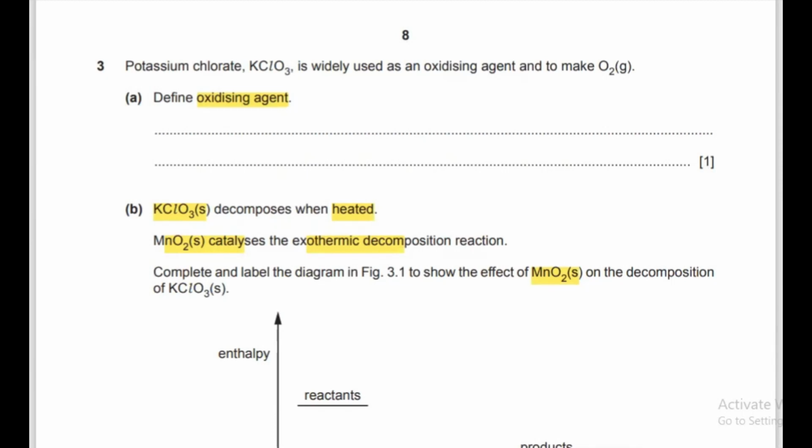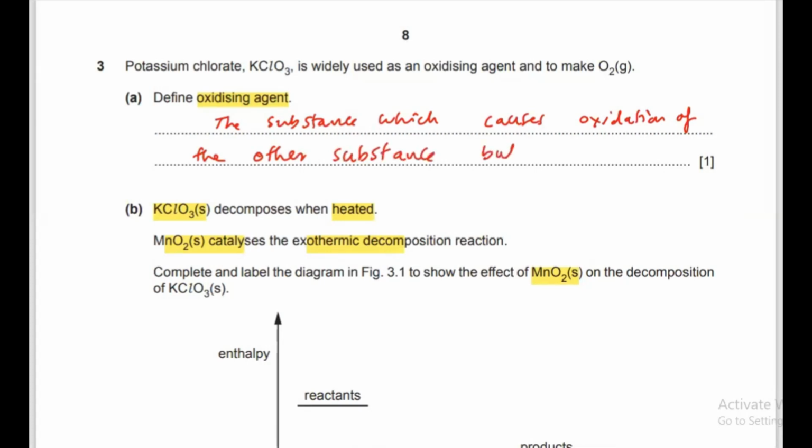Potassium chlorate is widely used as an oxidizing agent and to make oxygen. So define oxidizing agent. The substance which causes oxidation of the other substance but reduces itself.